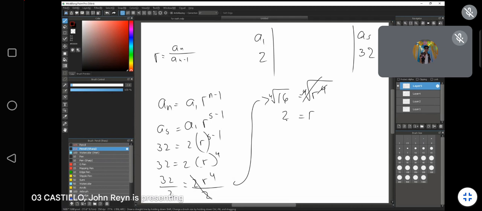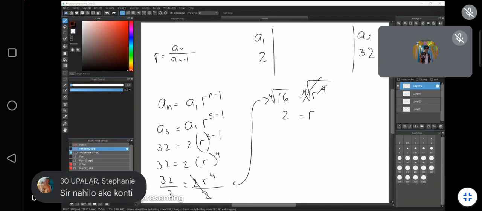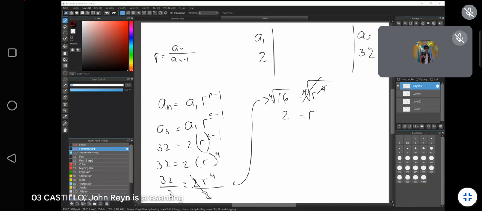How many? 4 of them, no? 4 of 2s. Okay, ganun dapat yun. Naintindihan, Stephanie? Tingnan natin si Stephanie. Naintindihan ni Stephanie? Okay. Sana makakaisip ka ng 16. Ilan sila, no? 2 times 2 times 2 times 2. Apat yun. Fourth root yan. Kaya yan, 2, ha? Okay, tandaan nyo.